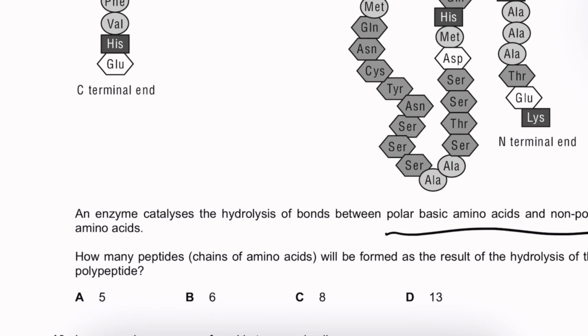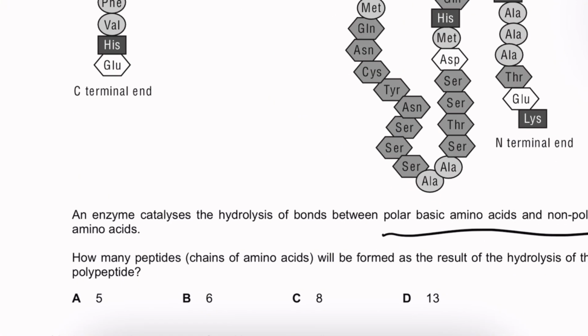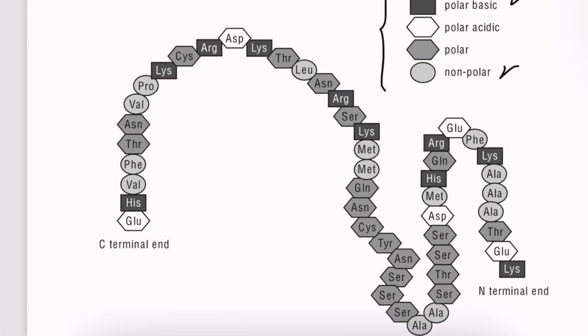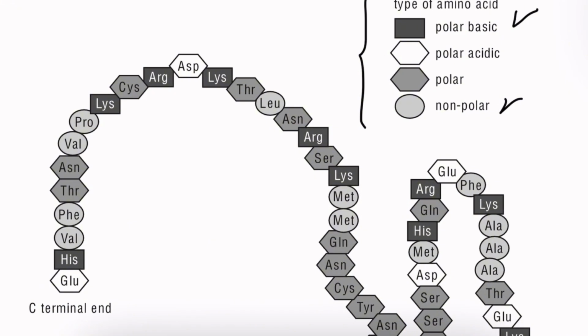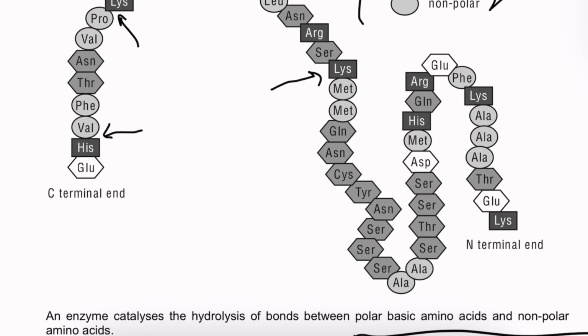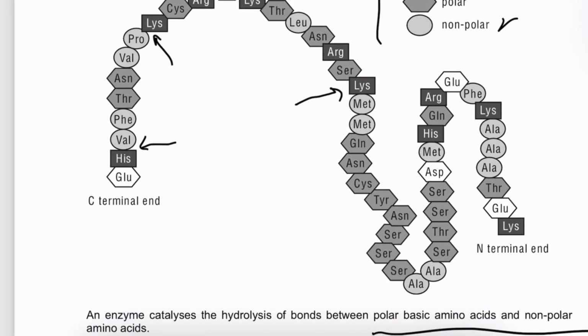Okay, so how many peptide chains will be formed as a result of this hydrolysis? Let's see where the hydrolysis happens here. Square, circle, the first one is here, the second one to be broken is right there, and then we also have another one here, and another one right there.